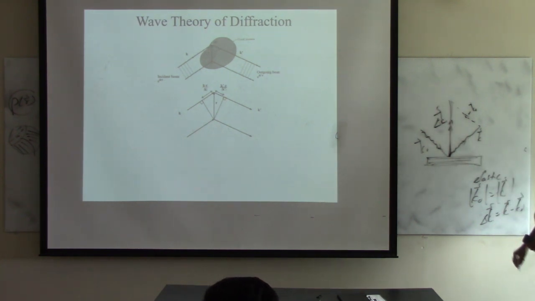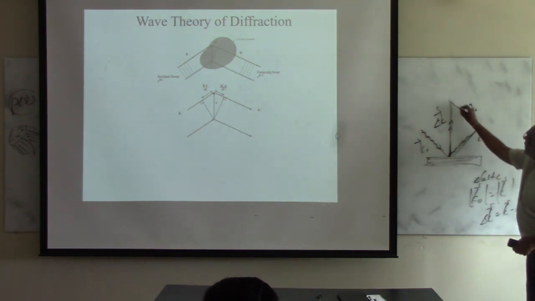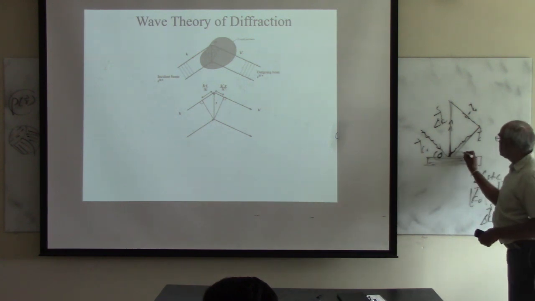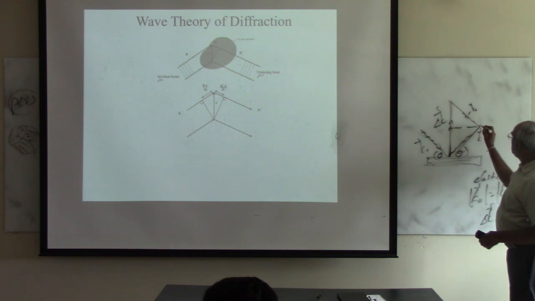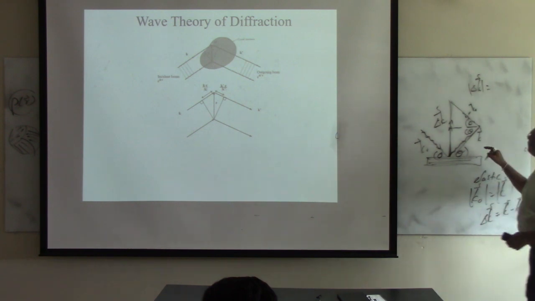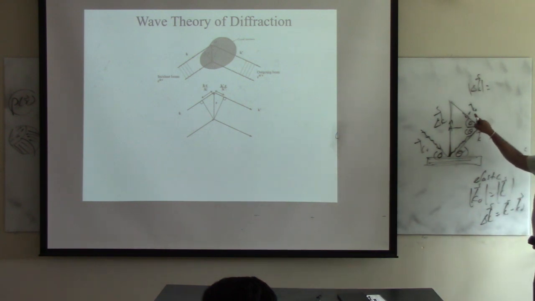Also we know this length and this length are the same. So this is my theta, this is theta, that means this is theta, this is theta. That means the magnitude of delta K is K times sine theta. You have two of them, right?